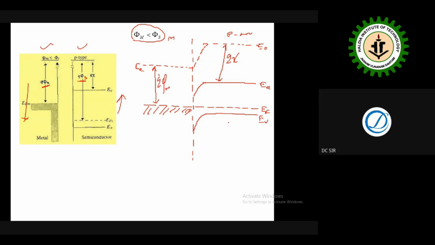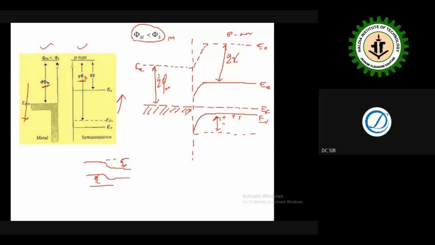So in this case, you see this is the barrier for the hole. In the case of a PN junction diode, just remember that this is the barrier for electrons, whereas this is the barrier for holes. So holes move from the semiconductor side to the metal side, and for that there is a barrier.